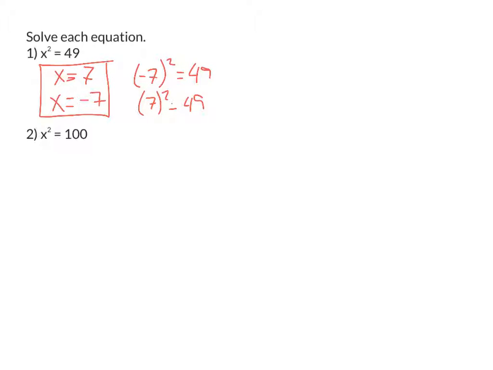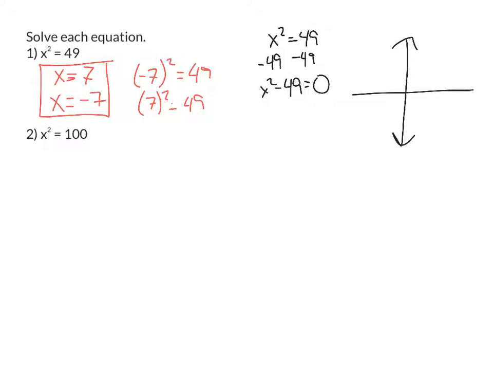So if I wanted to draw a picture of this, I have x squared equals 49. I'm going to get it equal to 0, like we're used to, so x squared minus 49 equals 0. If I graph this on Desmos, I would type in y equals x squared minus 49.